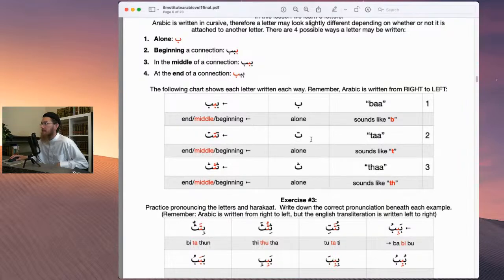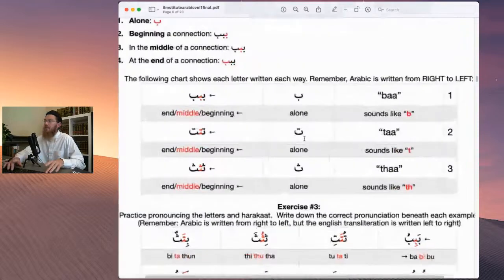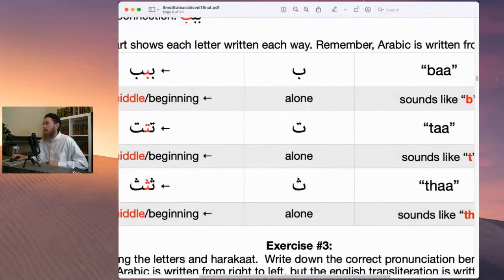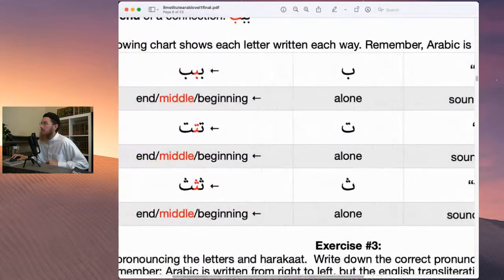Okay, it looks kind of like a smiley face. That is the letter ta. Then we show you what it looks like in the beginning, middle, and end of a connection. So again, it differentiates from the ba due to the dots written above it. The ba has 1 dot beneath, the ta has 2 dots above.